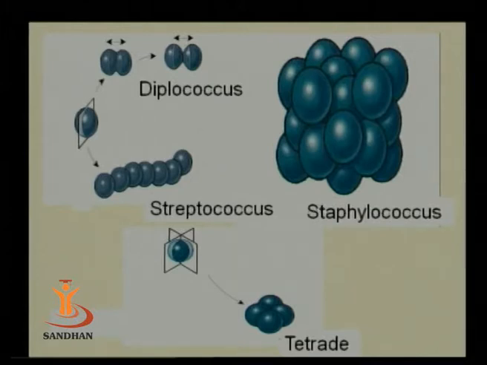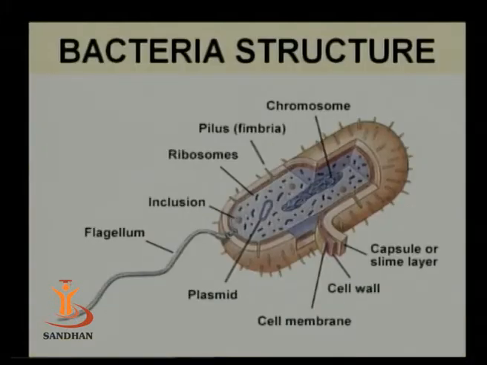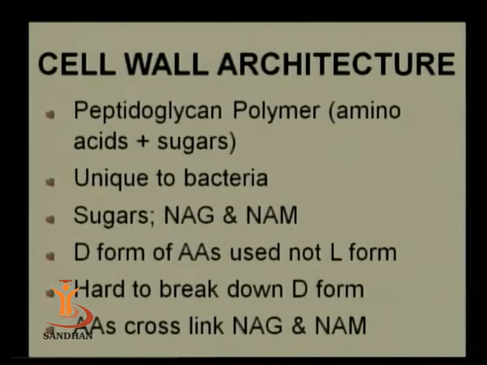If you see the bacterial structure in detail, you can divide it into 3 parts: structure external to the cell wall, structure internal to the cell wall, and the cell wall itself. So the bacterial cell wall is made up of a unique polysaccharide molecule known as peptidoglycan.